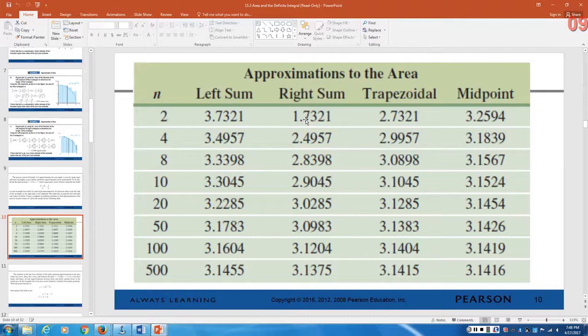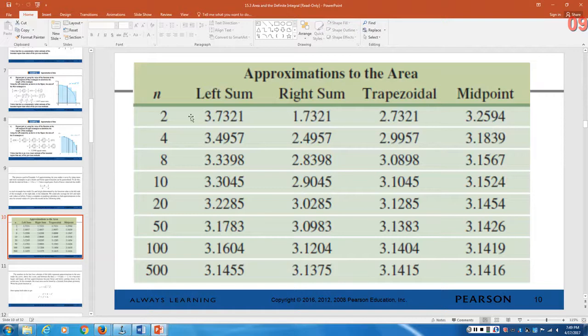Or if you align them at the right side, then we underestimated by a huge amount. You can totally ignore this trapezoidal because I left those out. Trapezoid says that you use trapezoids instead of rectangles because a trapezoid has a slanted top and you can make it fit better. And it seems like it would be the best method, but the truth is, when it all comes down to it, the one that's going to give us the best is going to be the midpoint.